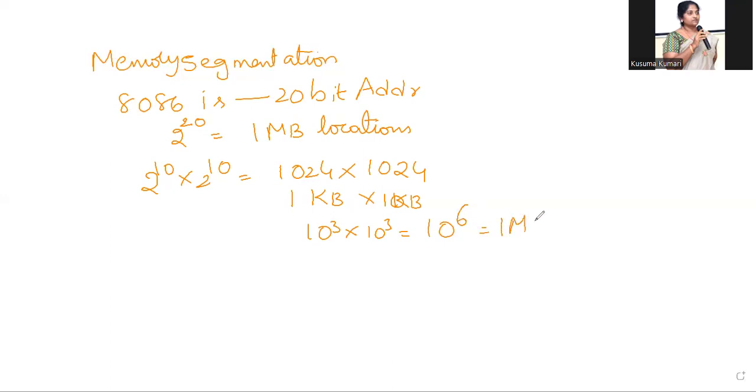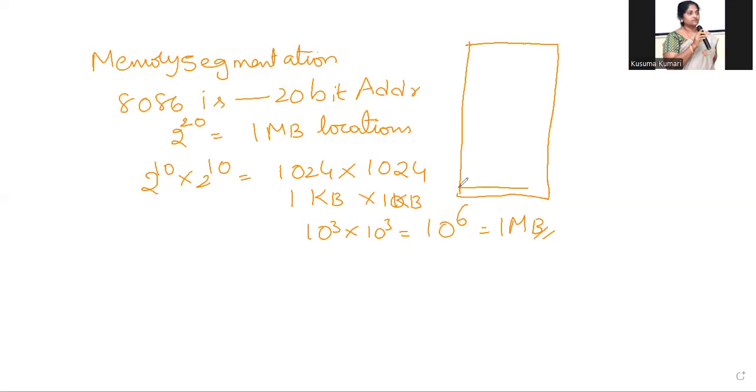That is 1 megabyte. Here, why are we calling it a byte? Byte means it's 8-bit data. That means, suppose these are the 1 megabyte memory locations, for example.